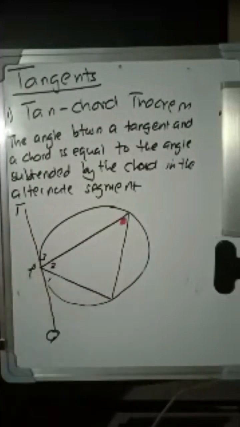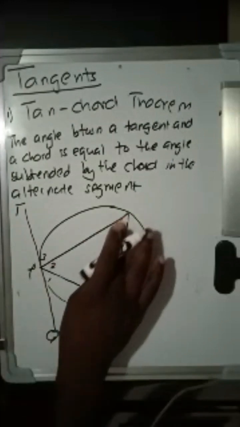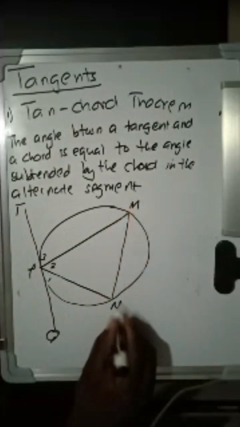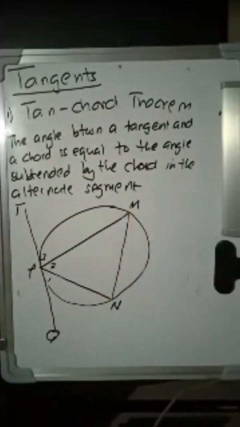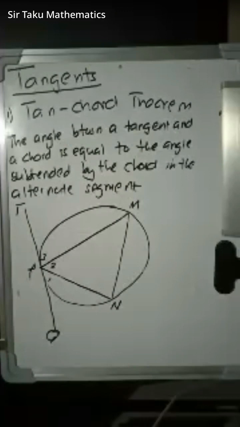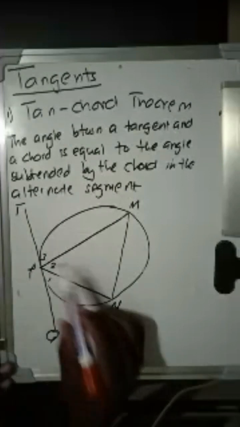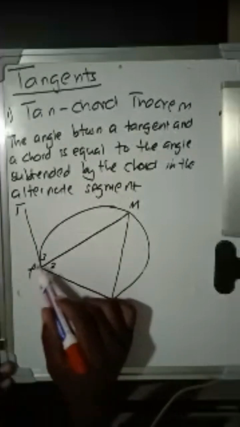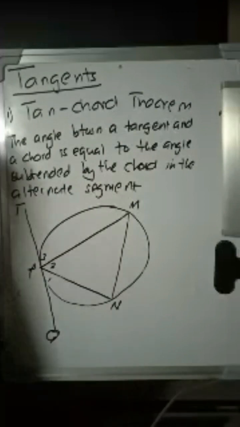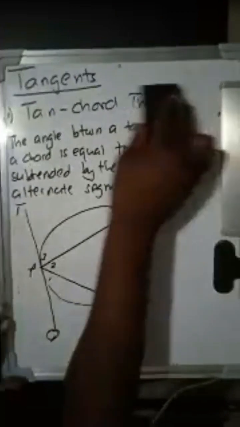Then we have M, N. So we have two chords there that are forming angles with the tangent. I'm going to rub so that I can write the angles that are equal there.